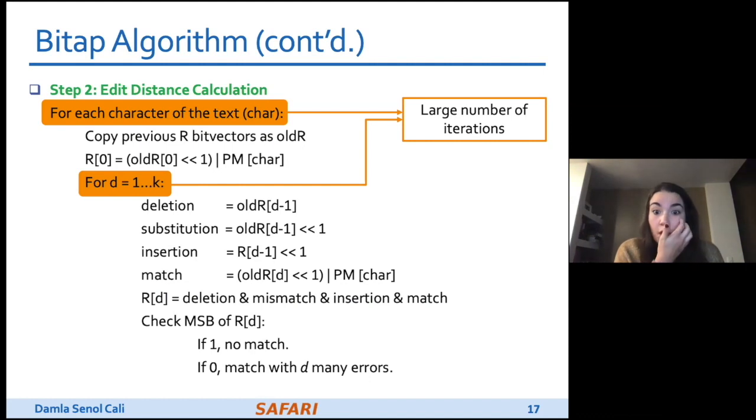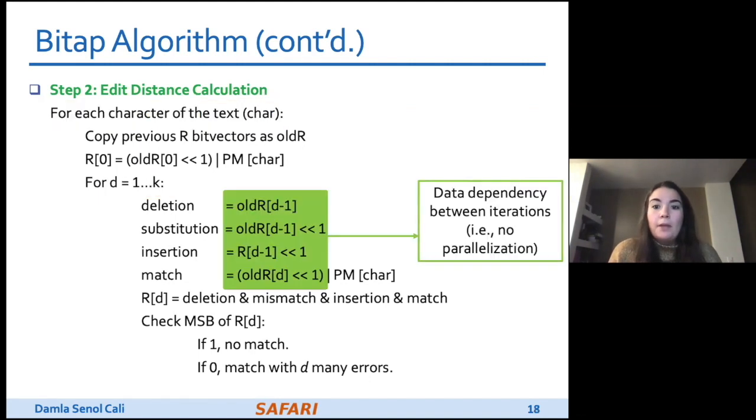So when we have long error-prone reads, both of these loops need to iterate over very large numbers. And this is for each read to reference mapping alignment. So it is huge. We are dealing with a large number of iterations here.